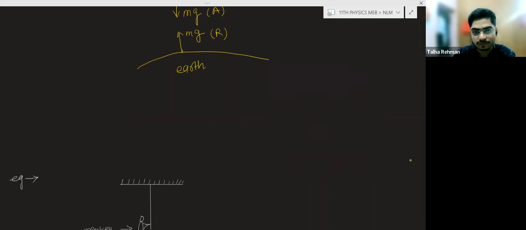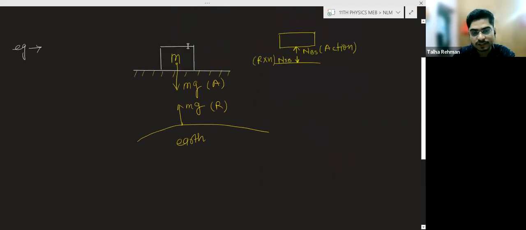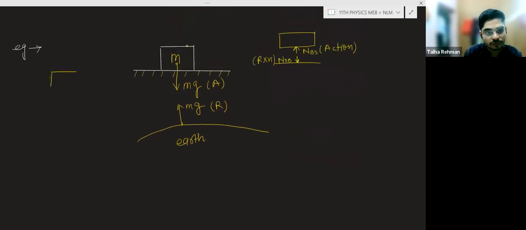For example, here is this block, and here is a very large Earth. This earth has its center. This earth has a mass capital M, and this block has a mass m.